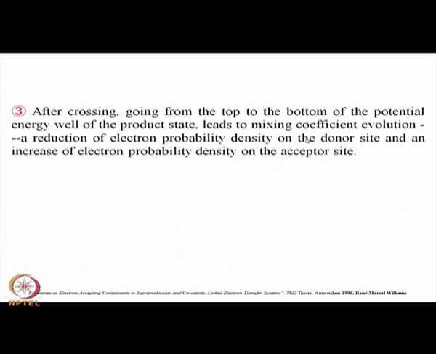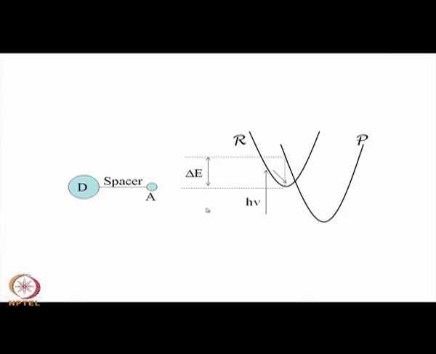If I look into this diagram, it is the spacer, it is your donor, it is the acceptor, and this is the delta E after h nu. When you put h nu, then it is excited, and then it will move, maybe via vibration or relaxation, so that it can reach this region and cross the barrier.